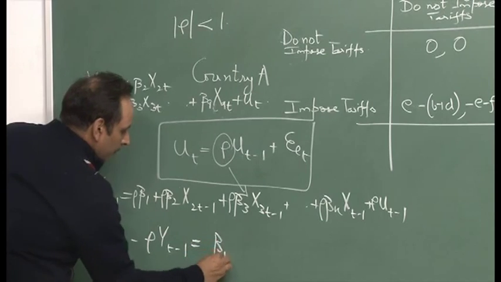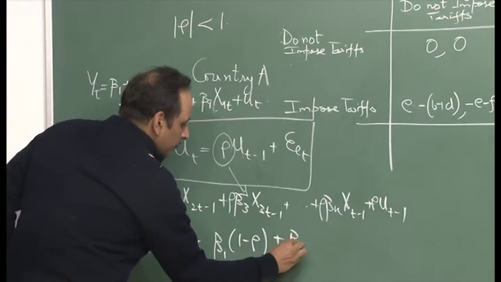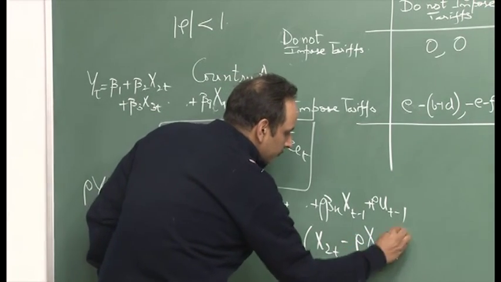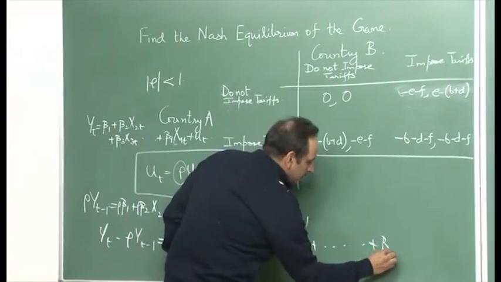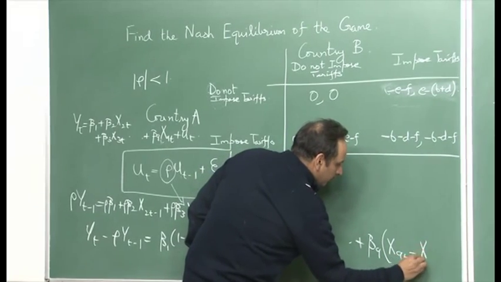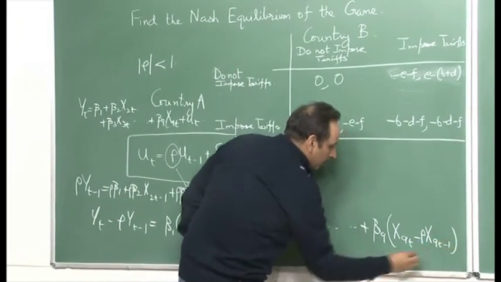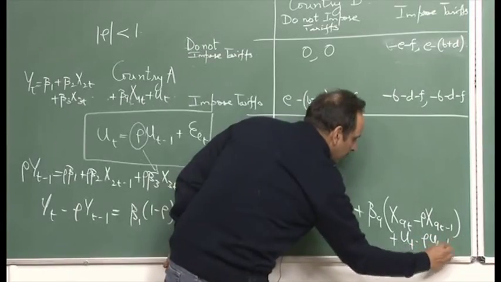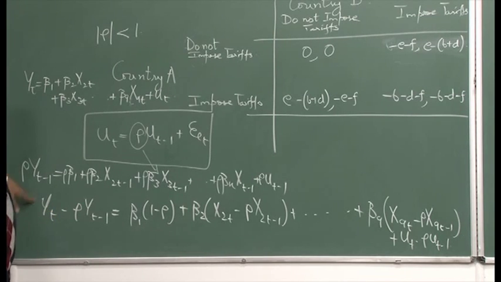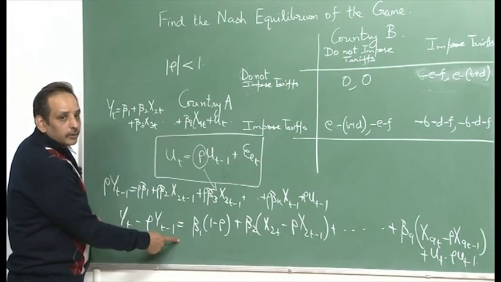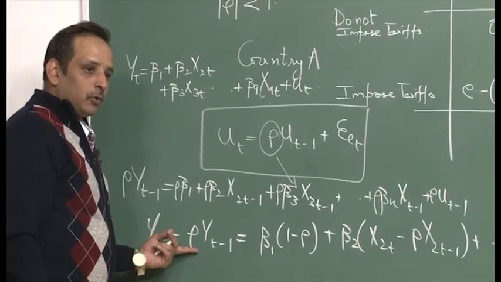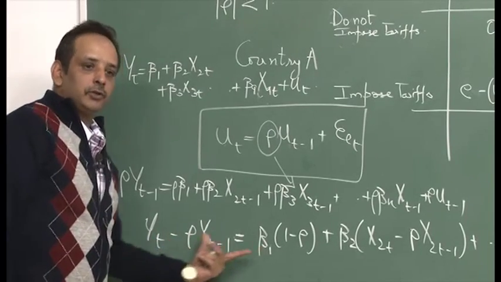So, you will get beta 1, 1 minus rho plus beta 2 x2 t minus rho times x2 t minus 1. So, this is the transformation that you have done. You had this original model, you transformed it into this, and if you know rho, then you can apply OLS to this transformed model.